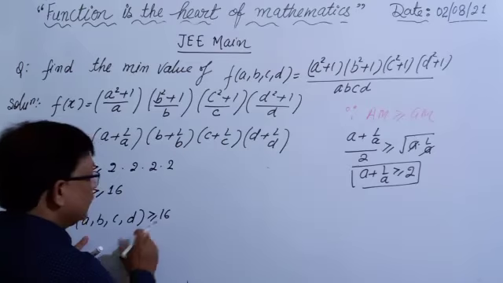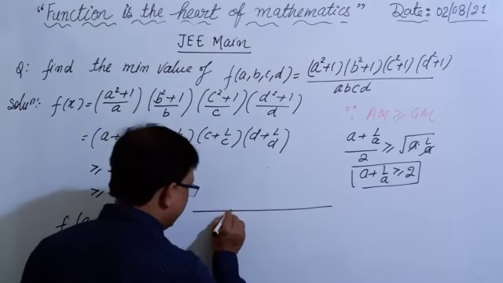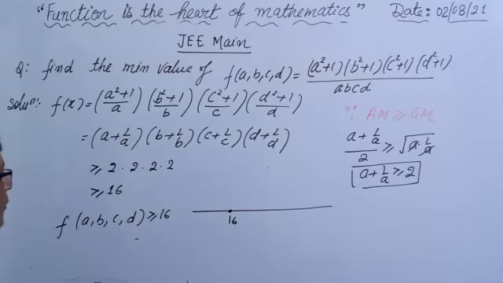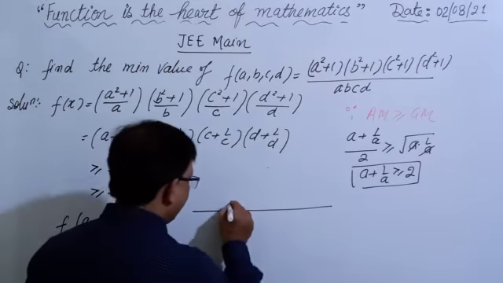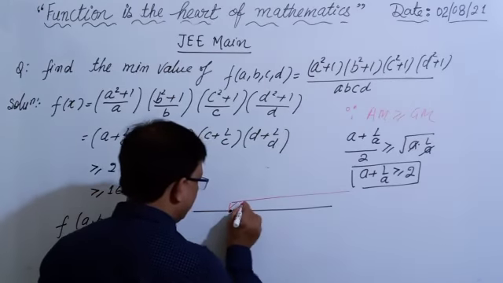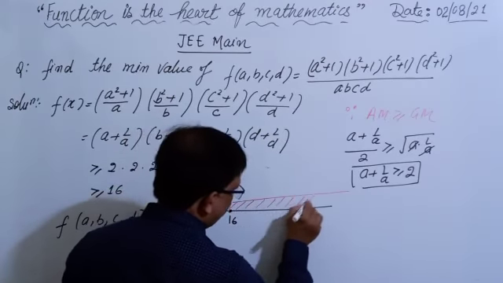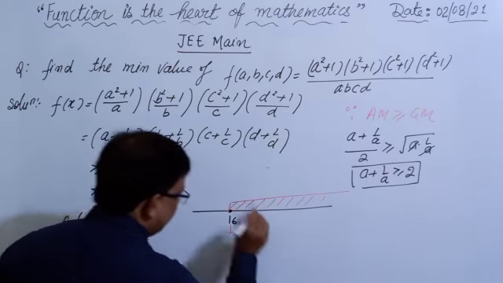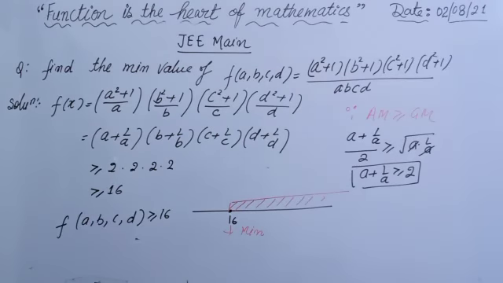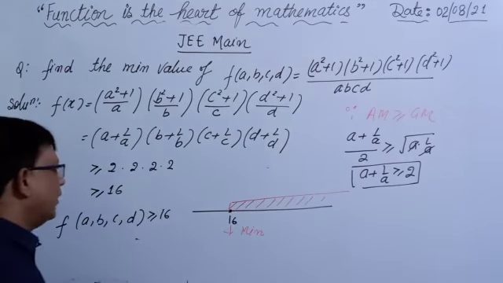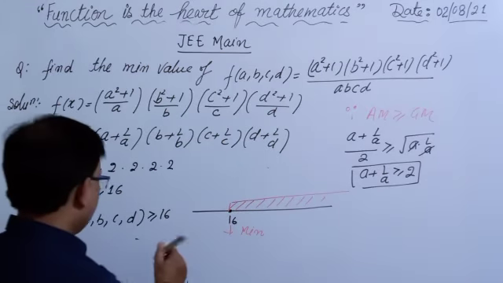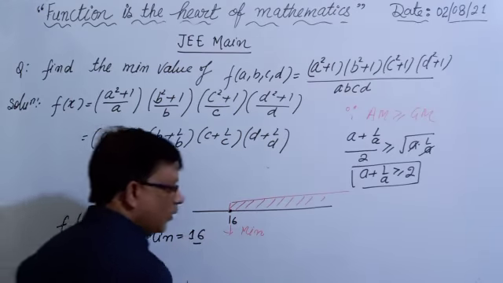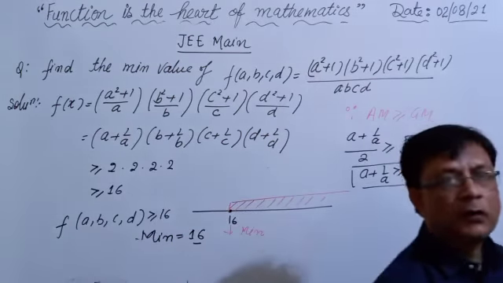The value of the function starts from 16 and after this all values. So this is your minimum value. The minimum value of the function is 16. So 16 is your answer.